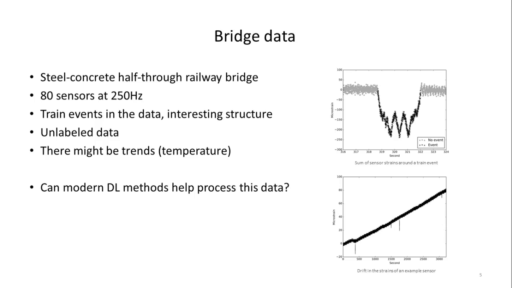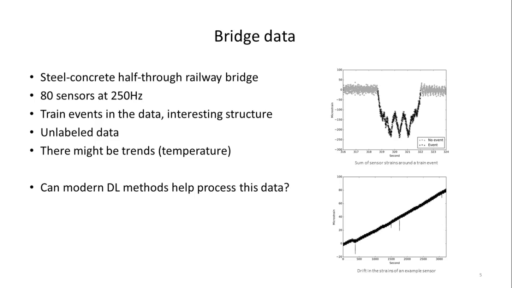You see that there is some interesting structure in the train event, and this is clearly different from what was before and after it. These data are originally unlabeled, which means that we don't know for sure when there is a train on the bridge. But we did construct some labels manually just to evaluate our methods.